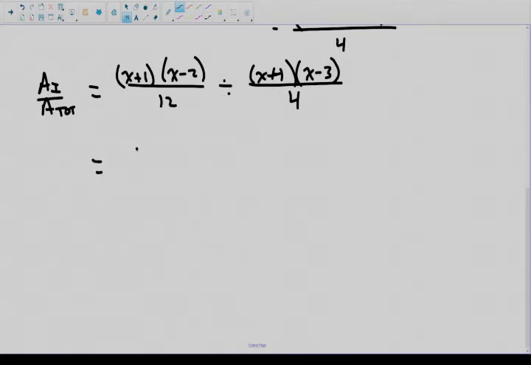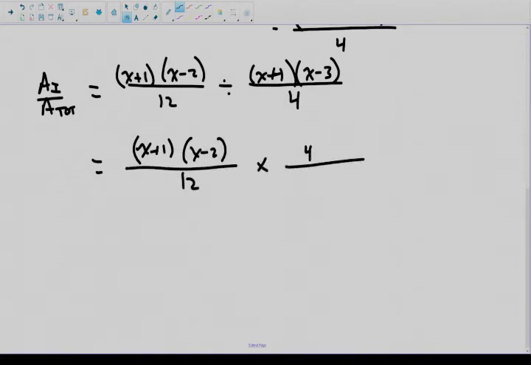Okay, so it's going to be x plus 1 times x minus 2 over 12 times 4 over x plus 1 times x minus 3. So we multiply by the reciprocal. And now we can cancel some stuff out. So x plus 1 and x plus 1 will cancel. 4 and 12 become 1 and 3.